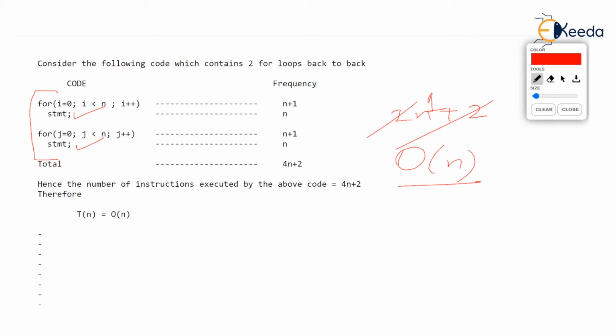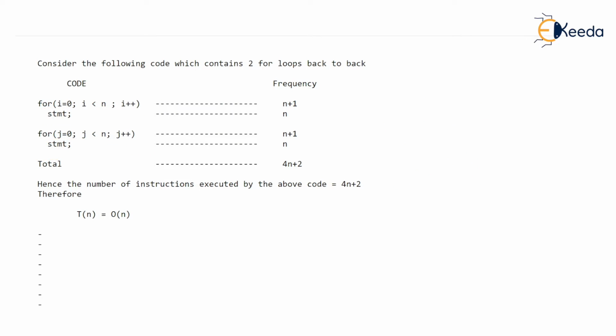So instead of going through all the procedure of counting how many times for is approached, and then counting how many times the statement runs, why don't we simply count how many times the statement runs, isn't it? And the statement runs n times by the first for and n times by the second for. So the total is n plus n times because they are back to back for loops, which comes out as 2n. So the order is O(n).